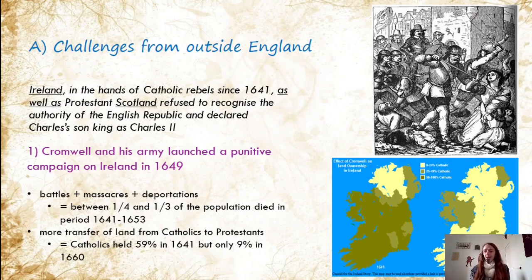Now, a transfer of land was also organised from Catholics to Protestants in the wake of the Ulster Plantation that had started earlier on, with Catholics that held about 60% of the land in 1641, but only 9% in 1660.